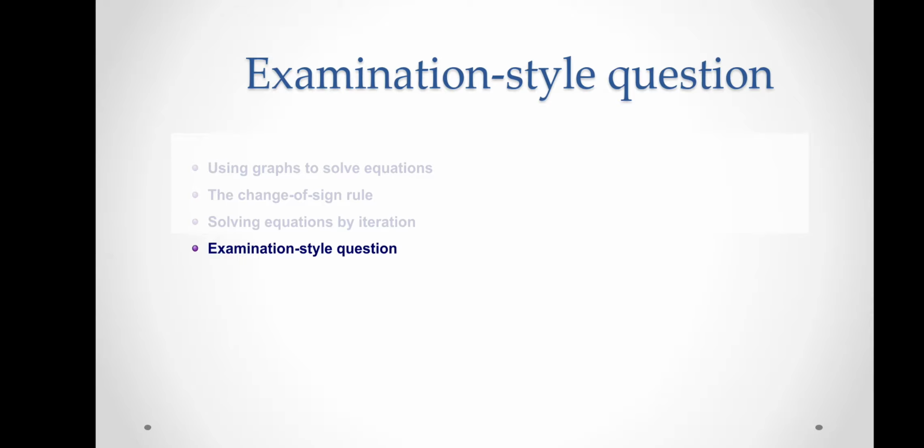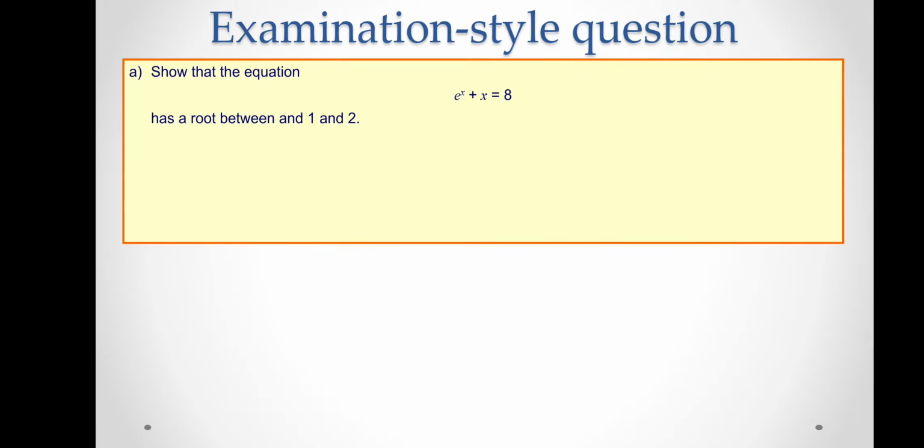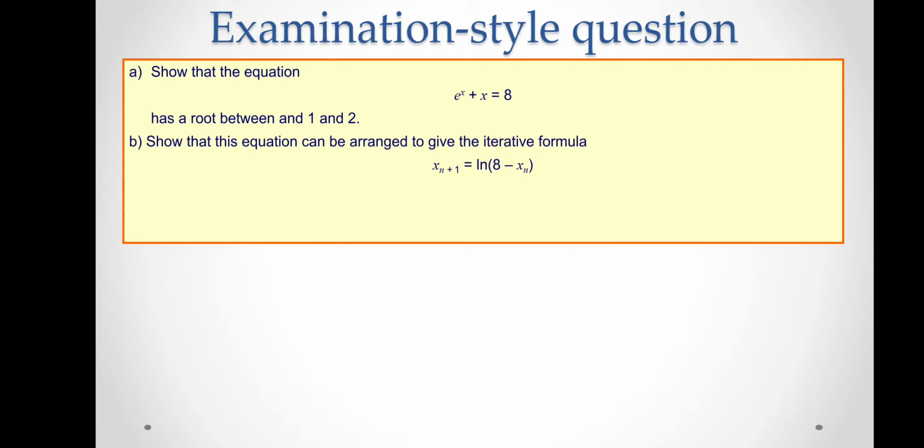So then we'll move to some examination style questions. Show that the equation e to the power x plus x equals 8 has a root between 1 and 2. B part, show that this equation can be arranged to give the iterative formula xn plus 1 is equal to ln 8 minus xn.